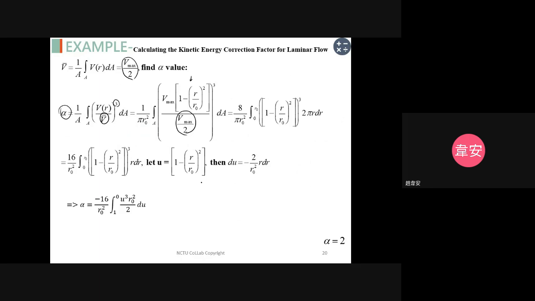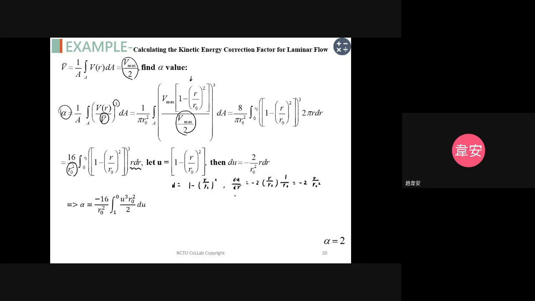So we define u equal to 1 minus (r divided by r0) squared, and we compute du dr. So we know that it's minus 2r over r0 squared, and we also have the r here. So we just reorganize.